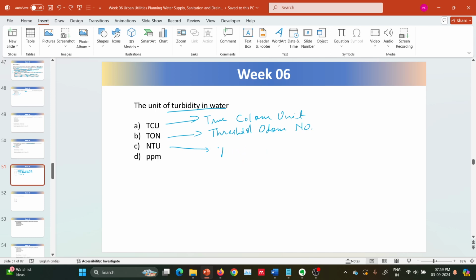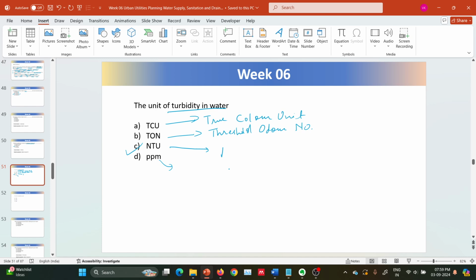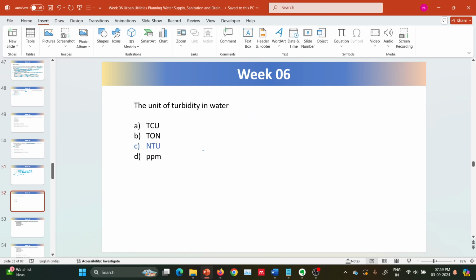NTU is nephelometric turbidity unit. So this is for the turbidity. ppm can be used for any other thing. So NTU is used for this measurement.